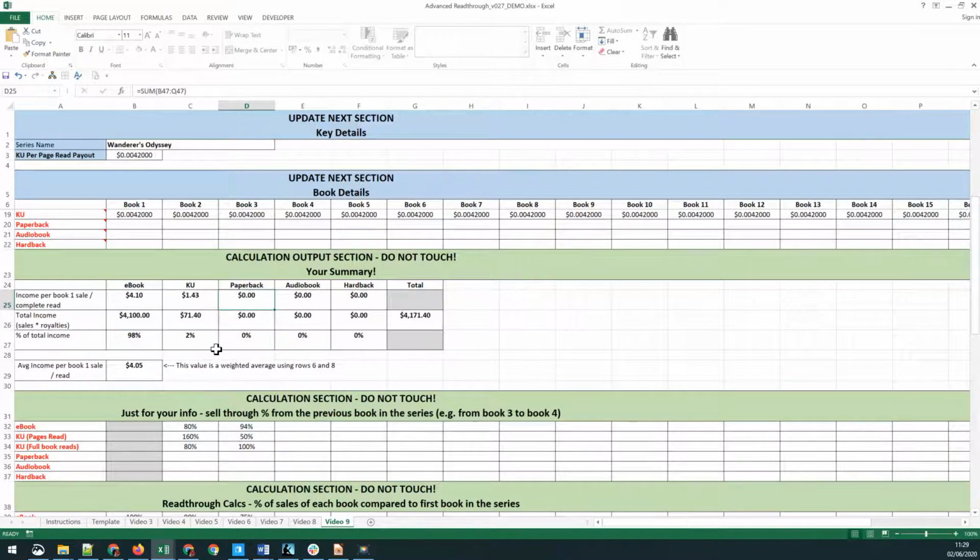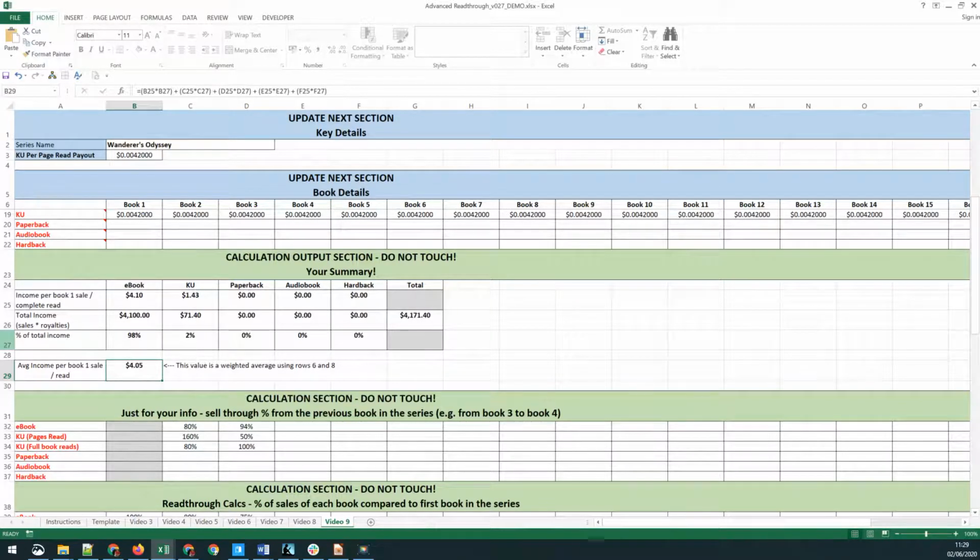If you were doing something like Amazon ads, where you're just targeting your book one, and people might, if you've got it available on all these formats, they might buy the ebook, they might go to KU, they may go to the paperback, they may go to the audiobook, or even the hardback. Then you do need that number, because you don't have any control. You can to some extent target a little bit more accurately, saying I only really want to target ebooks, but you don't have any control that someone won't go and buy the hardback or go into KU especially.